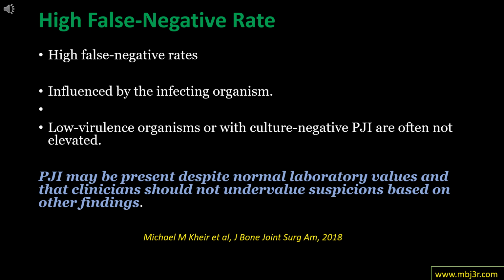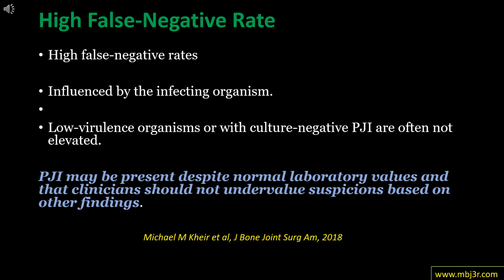Routine diagnostic tests for periprosthetic joint infection demonstrate a high false negative rate and are influenced by the infecting organism. Clinicians typically rely on all or some of those four tests as first line for testing joint infection. A review of 549 joint cases found high false negative rates with those tests, some of which were influenced by the infecting organism.